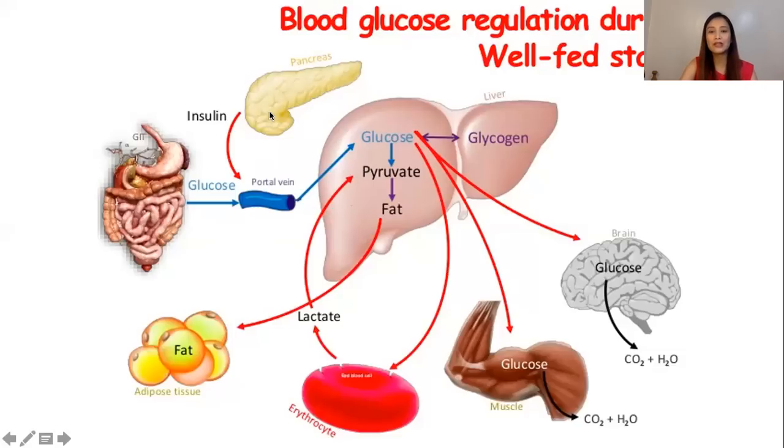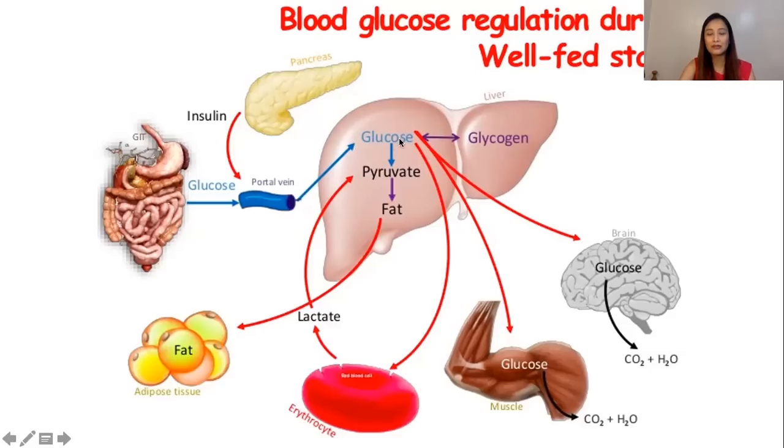The insulin will now facilitate the conversion of your glucose into glycogen in the liver, or the conversion of glucose to pyruvate, and the pyruvate will now be converted to fat, so that your glucose will be stored as glycogen or fat.